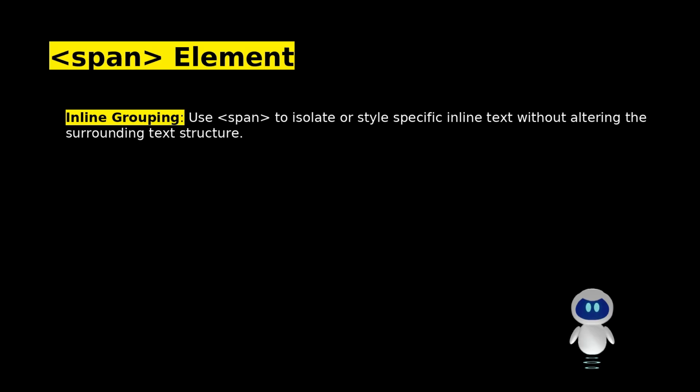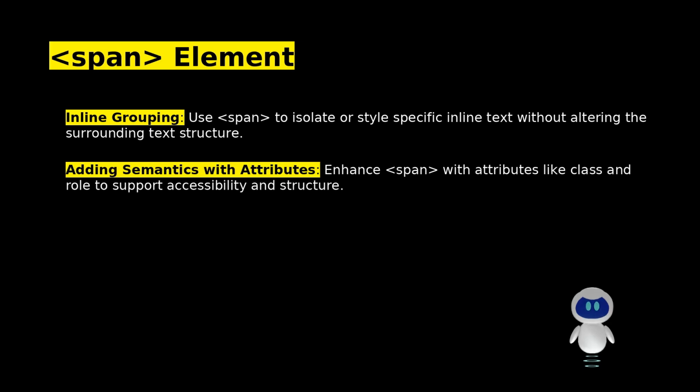Inline structure. The span element is primarily used to isolate or group portions of inline text, making it easier to add specific styling, JavaScript functionality, or accessibility features without affecting the structure of the text around it. Supporting semantics through attributes. While the span element itself is not semantic, it becomes powerful when combined with attributes like the class attribute and roles.